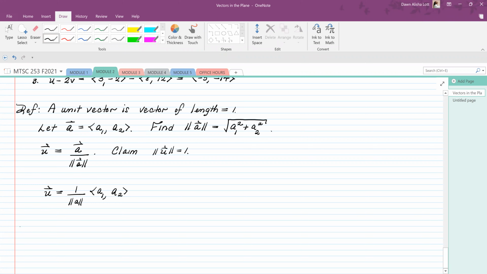But that is the vector A1 over the length of A and A2 over the length of A. So that's what u looks like.